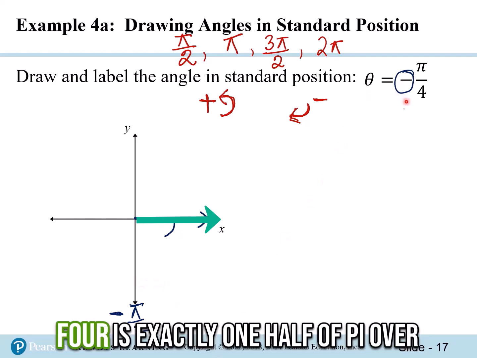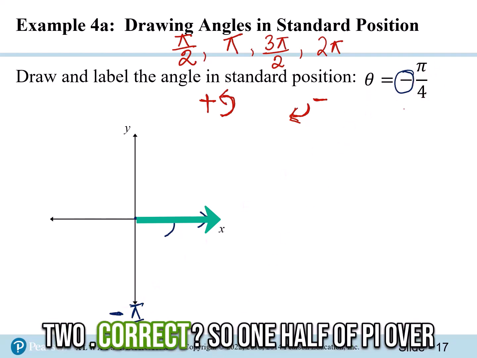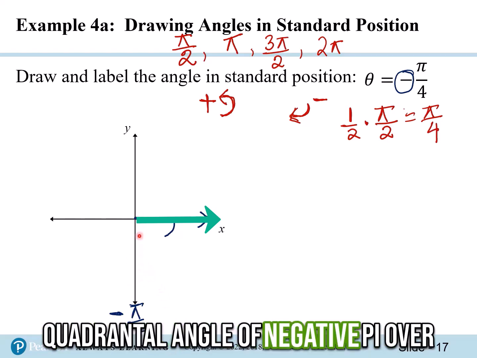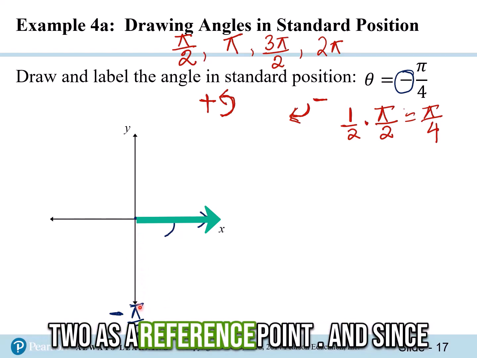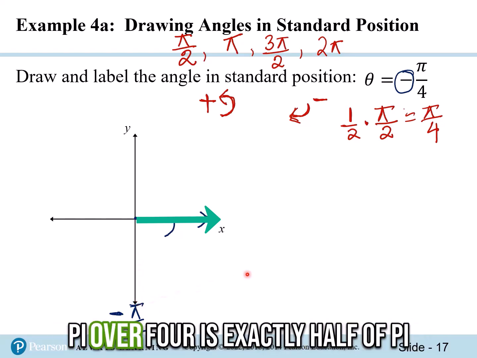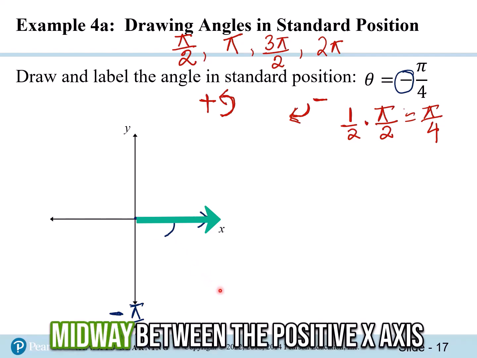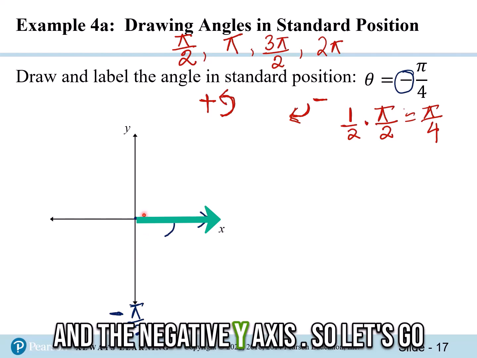Now, pi over 4 is exactly 1/2 of pi over 2, correct? So 1/2 of pi over 2 is pi over 4. I'm using this quadrantal angle of negative pi over 2 as a reference point, and since pi over 4 is exactly half of pi over 2, the terminal side is going to be positioned midway between the positive x-axis and the negative y-axis.